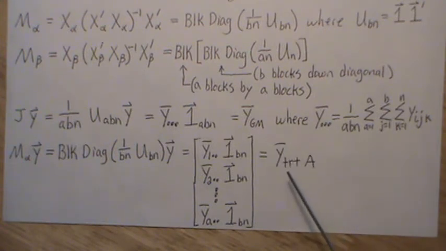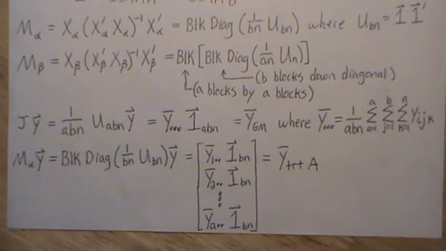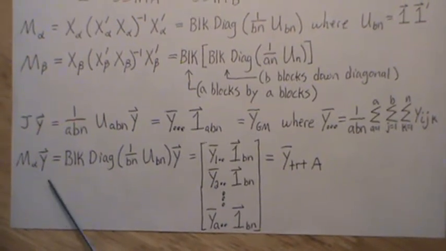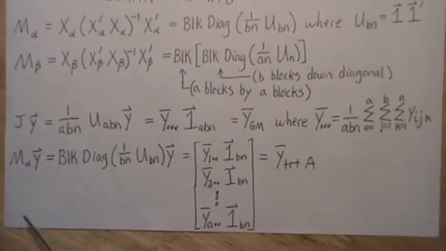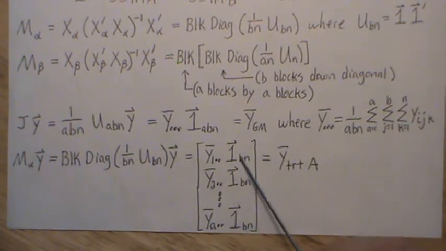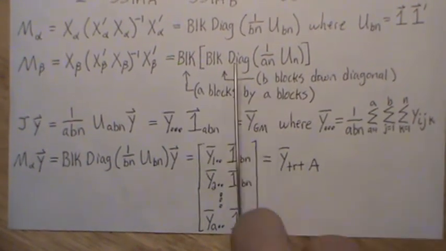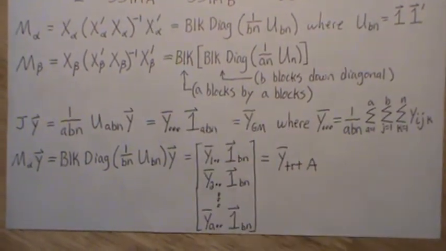And if you think about this, this is the perpendicular projection matrix onto the column space of X beta. So whenever you pre-multiply some y or some vector times it, it's going to shove it into the column space of X alpha. And that's exactly what this is. X alpha consists of, remember, it's ones that go down the diagonal.